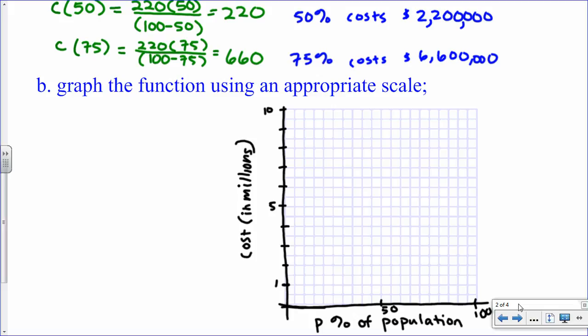All right, so this was my function here. I have a vertical asymptote where? What can't P equal? What would give me 0? 100, okay.